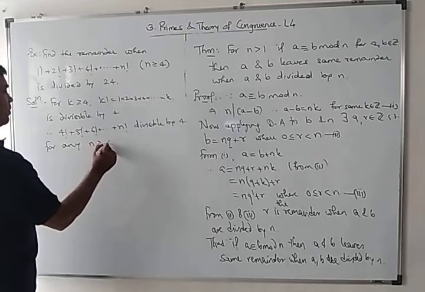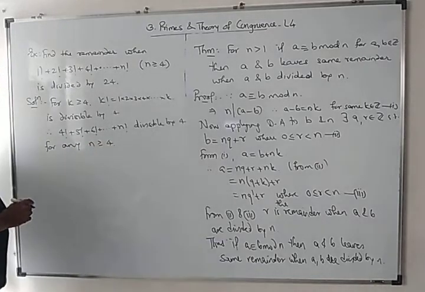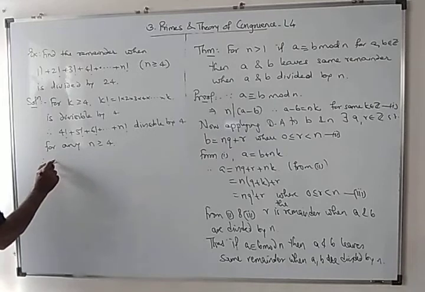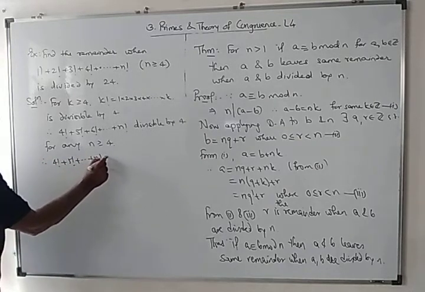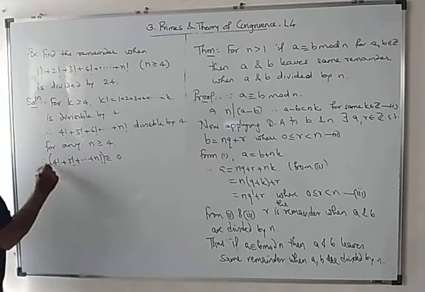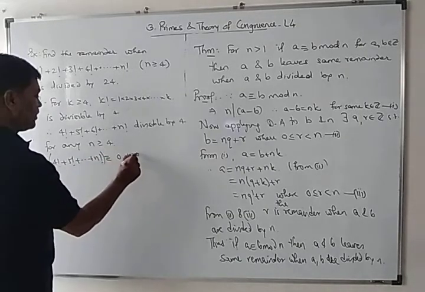Therefore, 4 factorial plus 5 factorial plus, etc., up to plus n factorial is congruent to 0 mod n.